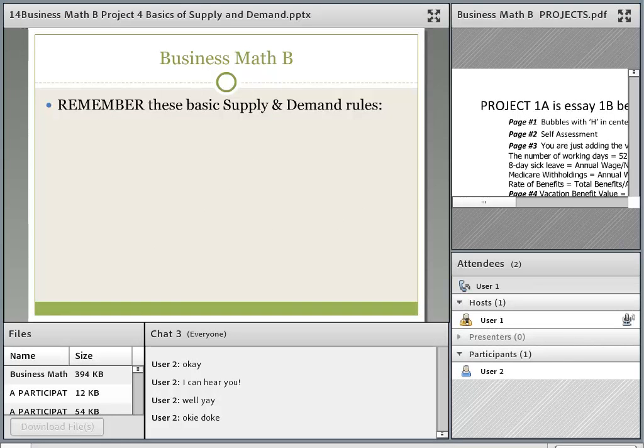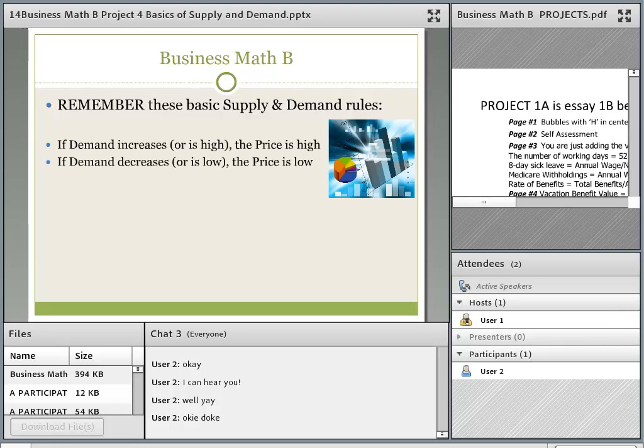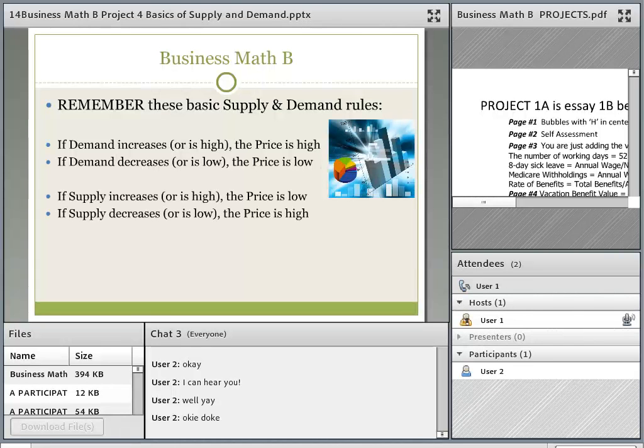Here are some of the basic rules you can remember for supply and demand. If the demand increases or it's high, then the price is going to be high. If the demand decreases or it's low, then the price is low. That's with demand. Now it's the opposite for supply.